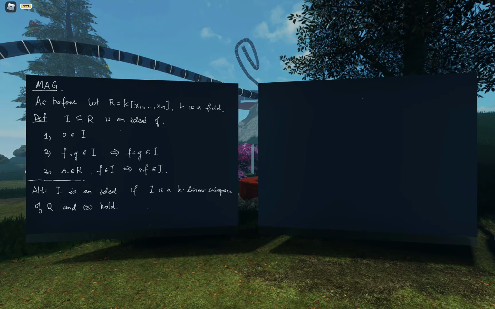I didn't write it like this because we didn't really talk about vector spaces, and I wasn't sure whether that was a prereq. But if you know about vector spaces or linear subspaces, basically ideals are linear subspaces such that they're closed under multiplication by any elements of R: any polynomial multiplied by elements of the ideal lands back in the ideal.